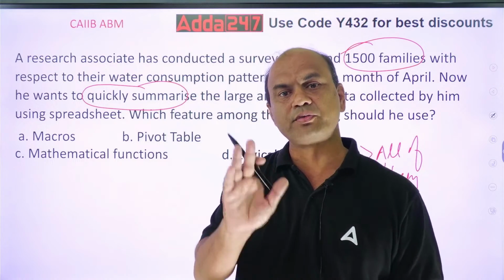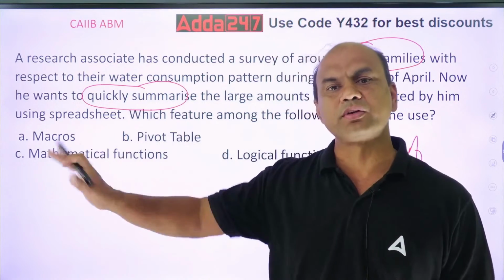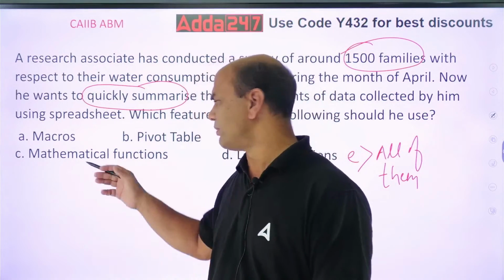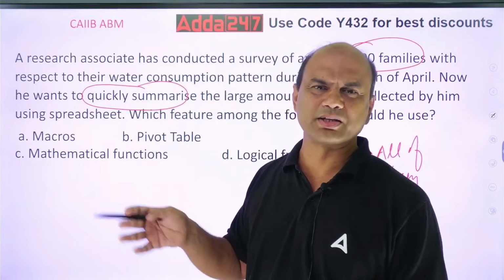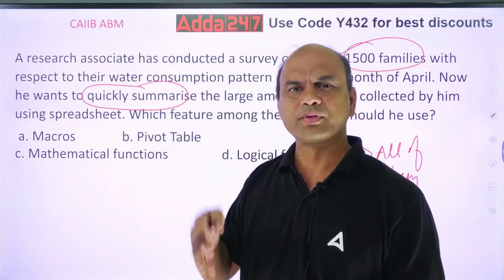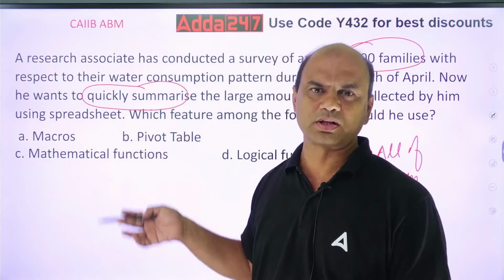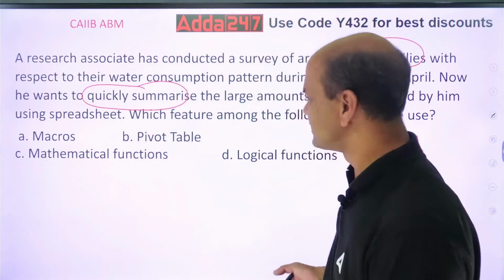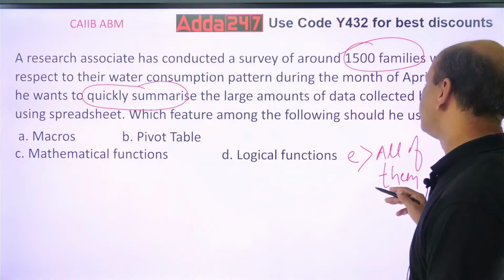You just copy this table and put it everywhere. Mathematical functions, you know: plus, minus, additions and bigger functions like logarithmic. And logical functions. So all of them should be used, isn't it? So the answer is E, all of them.